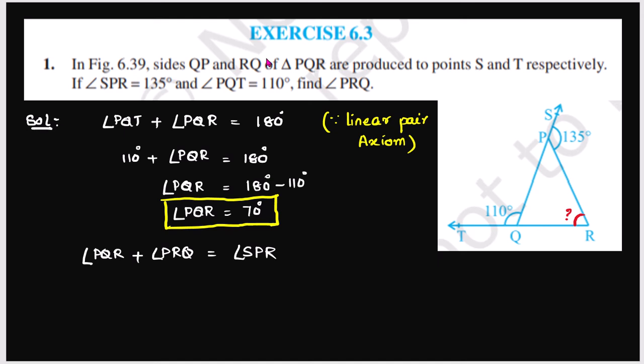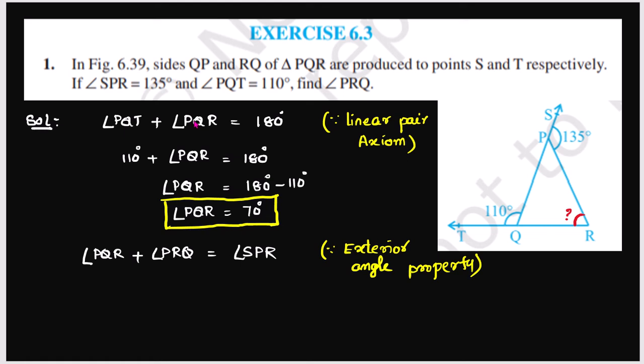Because the reason is the exterior angle property. You can mention that it is the exterior angle property of a triangle. According to the exterior angle property, the exterior angle equals the sum of the two interior opposite angles.